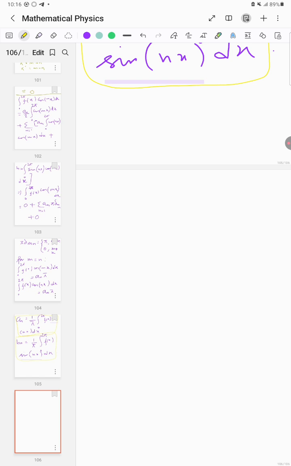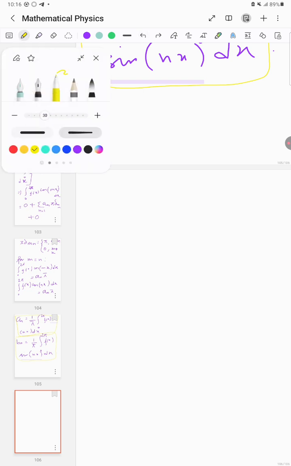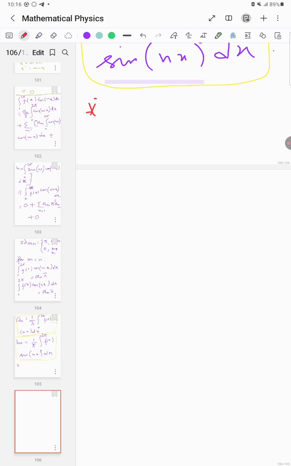What if we take a case where the lower limit is minus pi, and the upper limit is plus pi. Again, in the same way, the expression of a naught will just change by 1 by 2 pi.